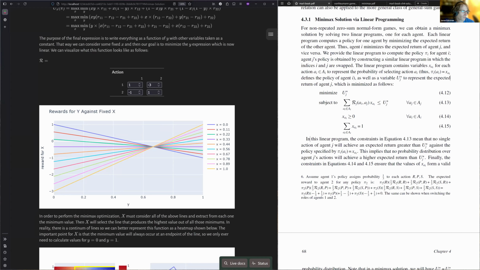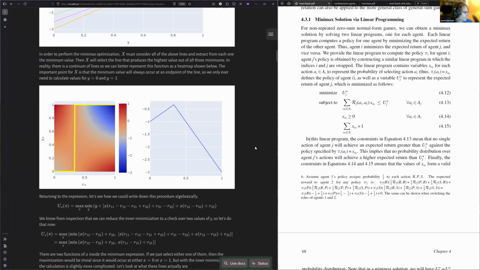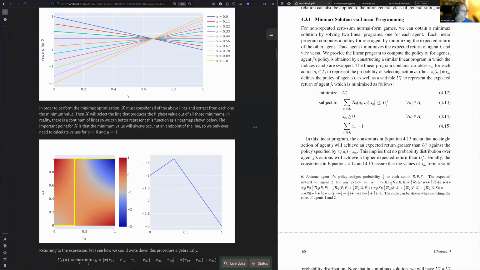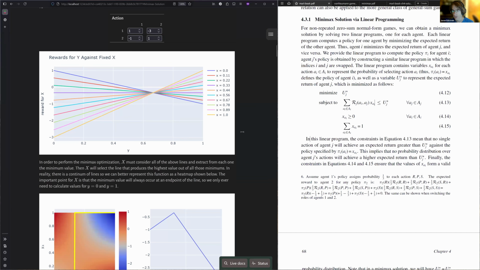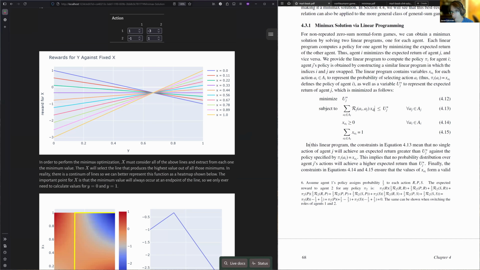All we have to do is check these constraints at the extreme values, where y is either 0 or 1. Now, this doesn't mean that the optimal policy for y is actually a pure policy. It may end up being, like in this, right, I showed a case here where both players had mixed policies. But in order to calculate the Minimax solution, we don't actually have to worry about that. We can just consider the constraint in terms of the pure policies that y could have.